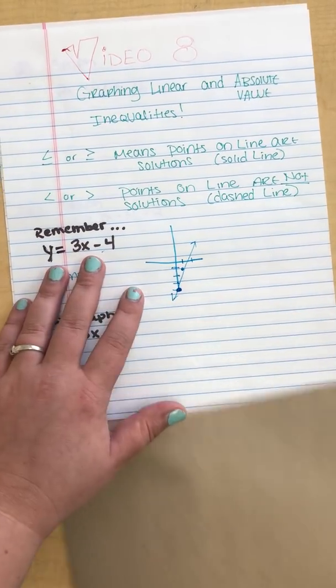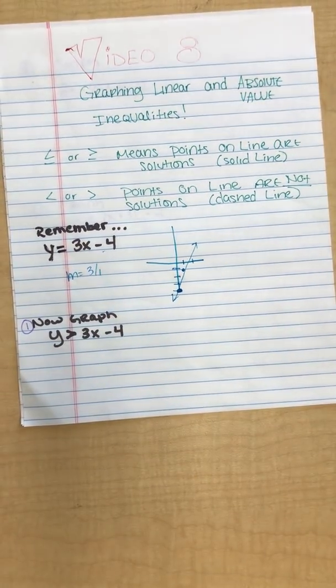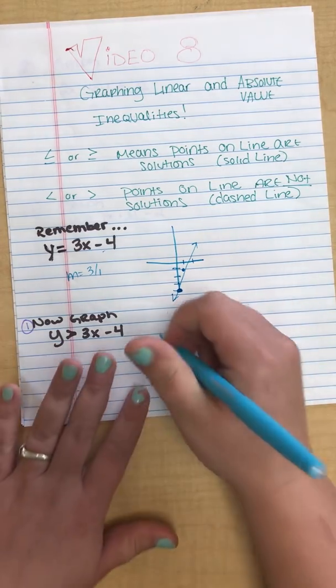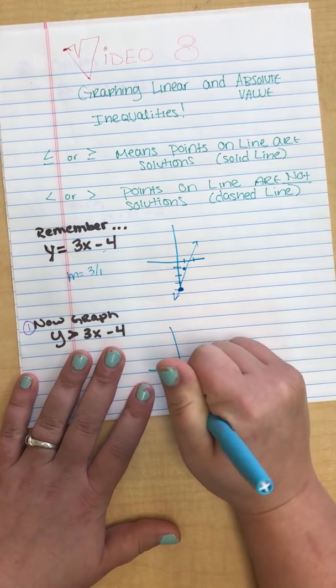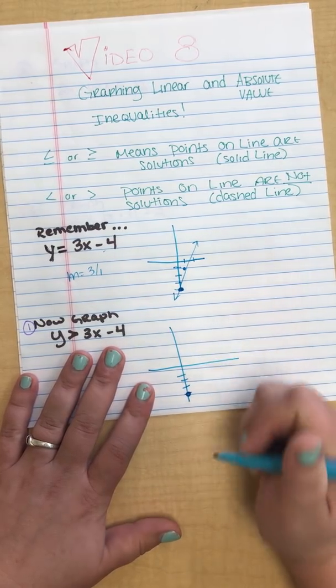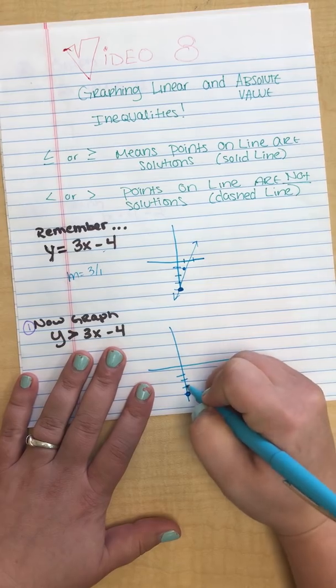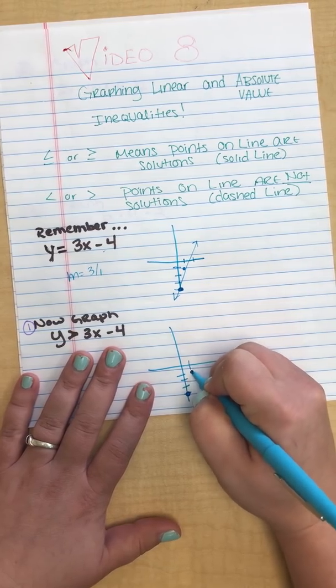Alright, so what if we have that same exact problem, except now it has an inequality symbol? Well, I'm going to start off the exact same way. I'm going to start with my coordinate plane, start at -4, and go up 3, 1, 2, 3, and right 1.